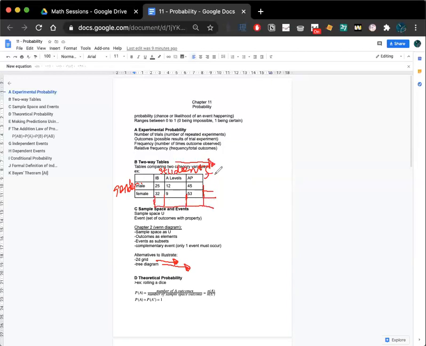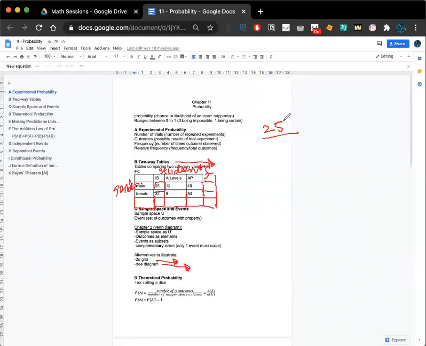So for example, if you want to find the relative frequency or the probability of encountering a male IB student, that would be 25 over all the students in this particular school or in this particular data.